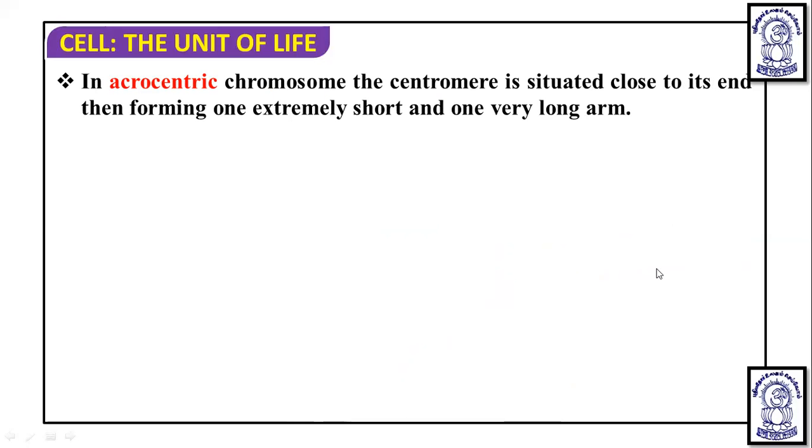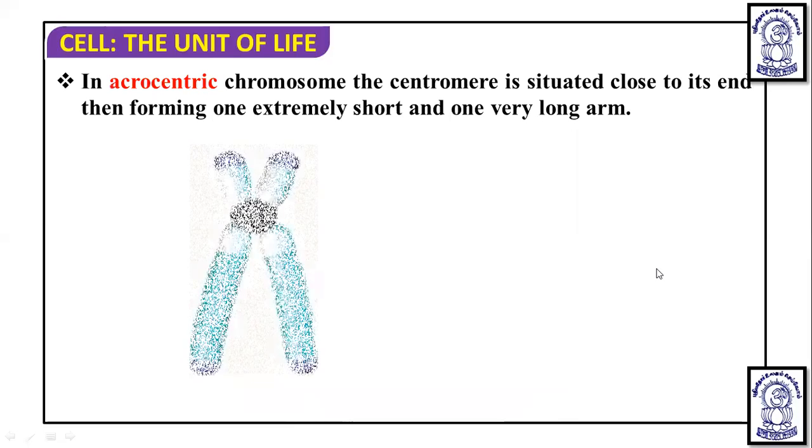In the acrocentric chromosome, the centromere is situated close to one end, and when the centromere is located close to the end, it forms one extremely short arm and one extremely long arm.